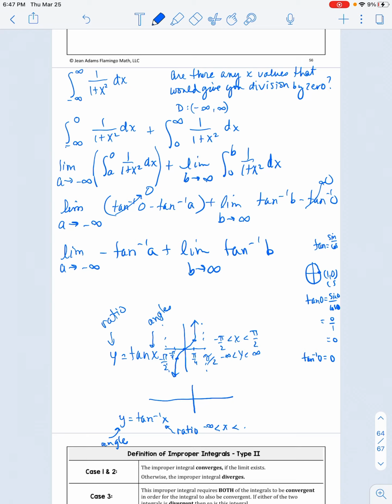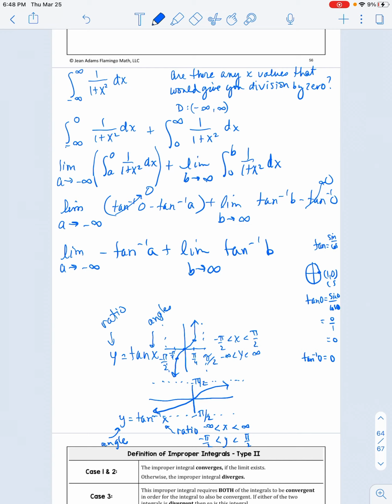So your x values for inverse tangent are going to be negative infinity to positive infinity, and your y values are going to be negative pi over 2 to positive pi over 2. So instead of vertical asymptotes, you're going to have horizontal asymptotes for inverse tangent at negative pi over 2 and positive pi over 2. And your function looks like this.